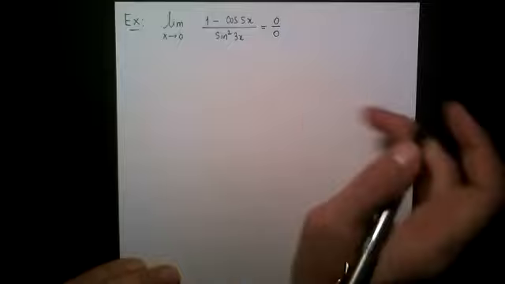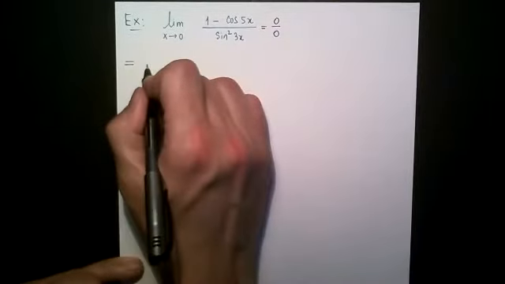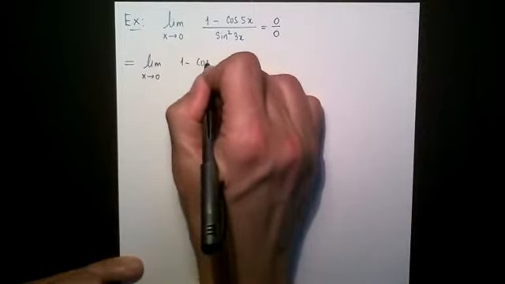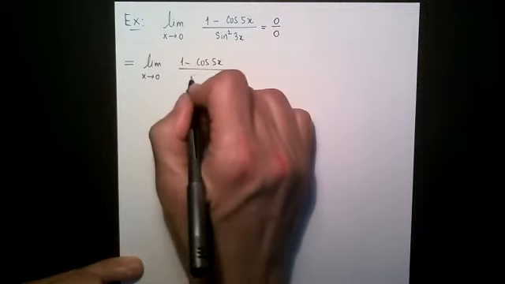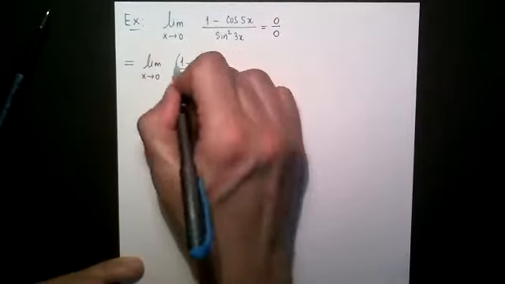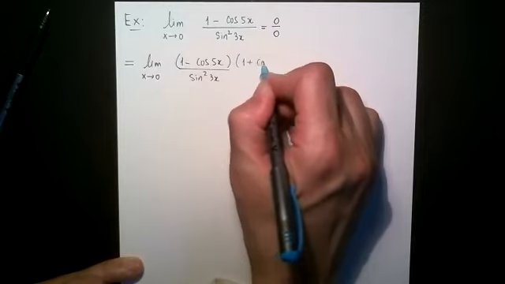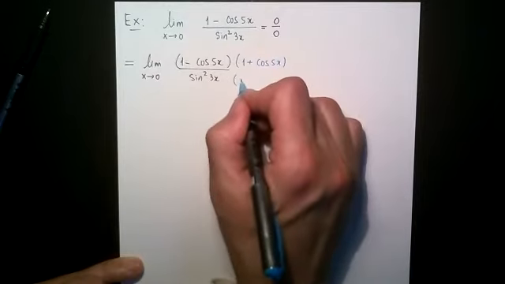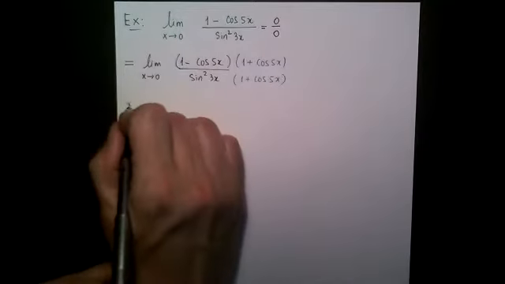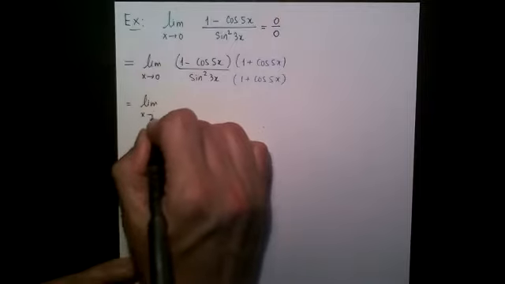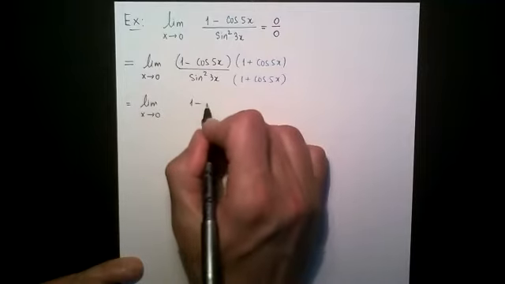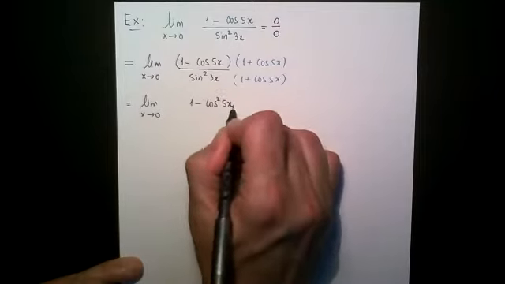I see that you guys are getting the hang of this. So I'm gonna go a bit faster. So 1 minus the cosine of 5x over sine square of 3x. I will multiply by the conjugate, 1 plus cos 5x, 1 plus cos 5x. If you simplify the top, you will get 1 minus cos squared of 5x after simplifying.